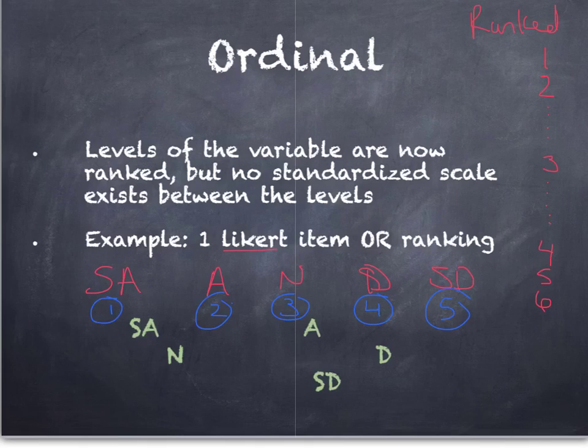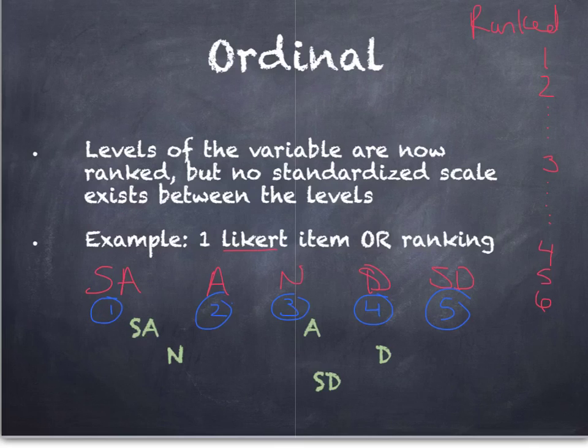Well, the difference between 1 and 2, strongly agree and agree, is a subjective difference for that individual, and therefore the difference between 1 and 2 and between 2 and 3 is not the same, as well as the difference between 3 and 4 and 4 and 5. Neutral and disagree and strongly disagree are not the same.